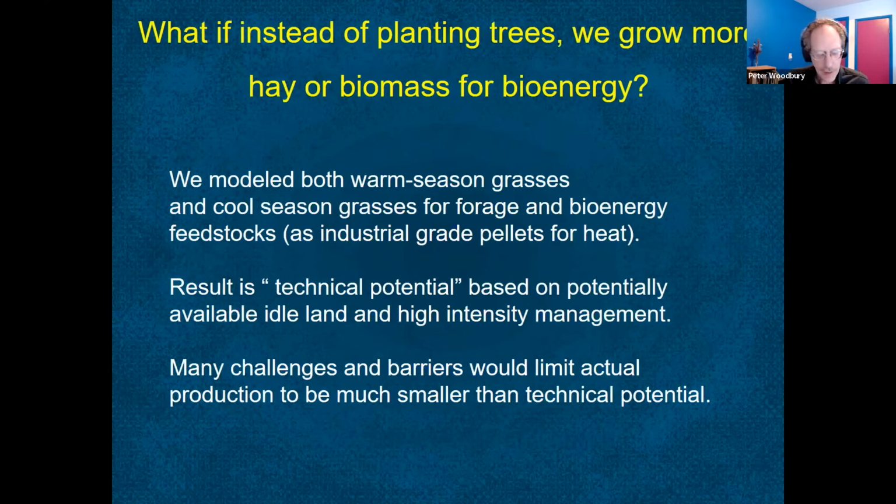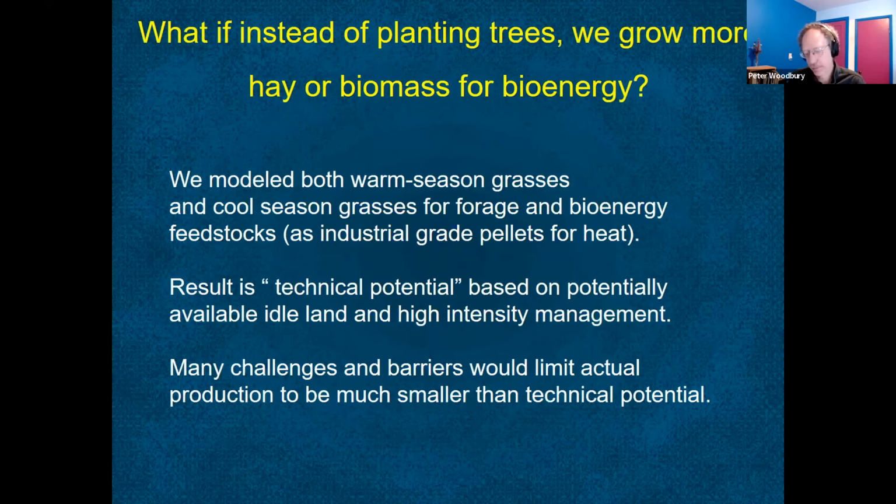So again, we want to remember always that there are other options. We looked at using this same land base for growing, as I mentioned, grasses or other materials for bioenergy feedstocks.